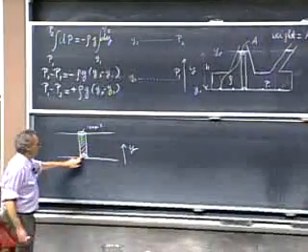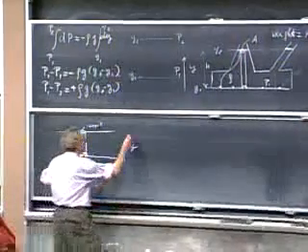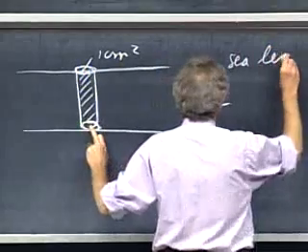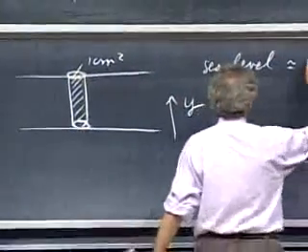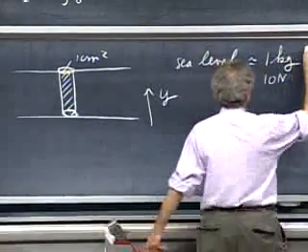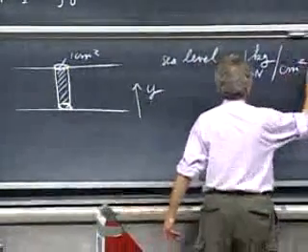And what I find then is that at the bottom, at sea level, I find roughly 1 kilogram force, which is 10 newtons, per square centimeter.